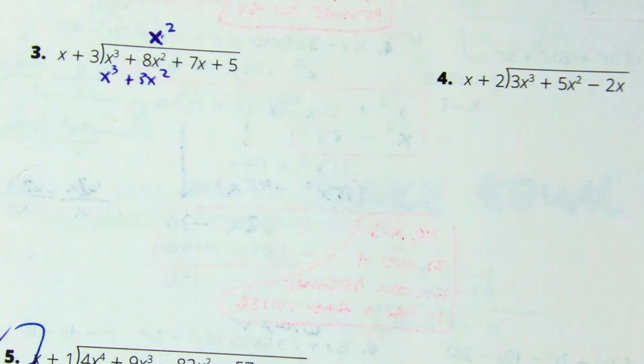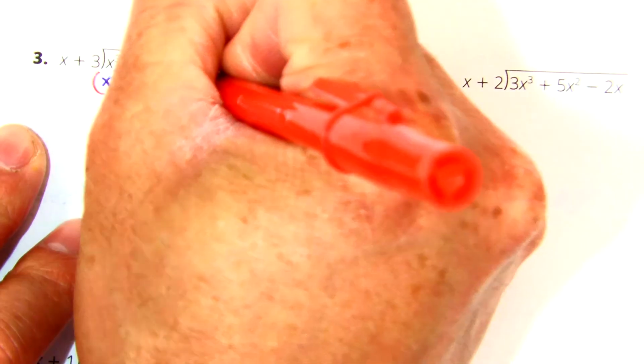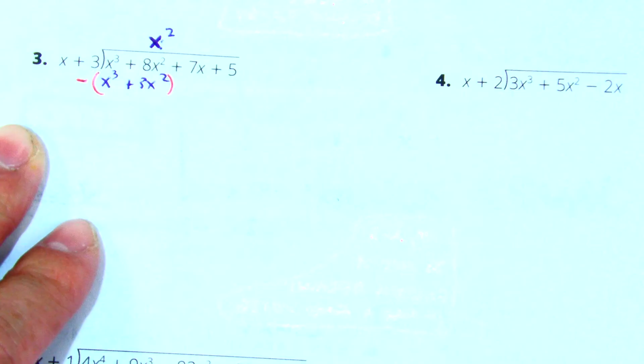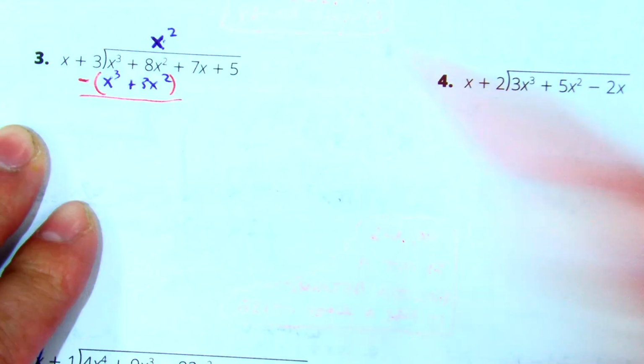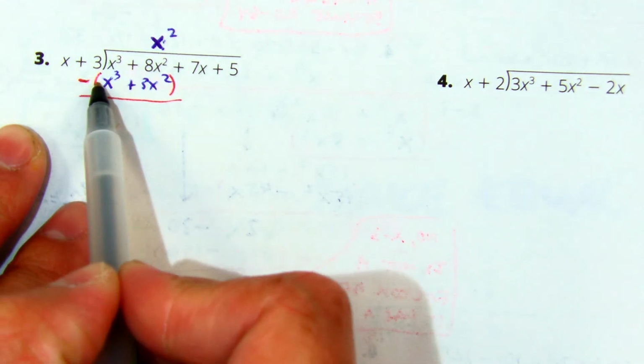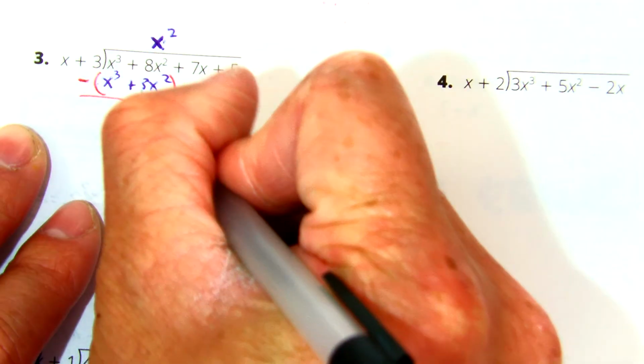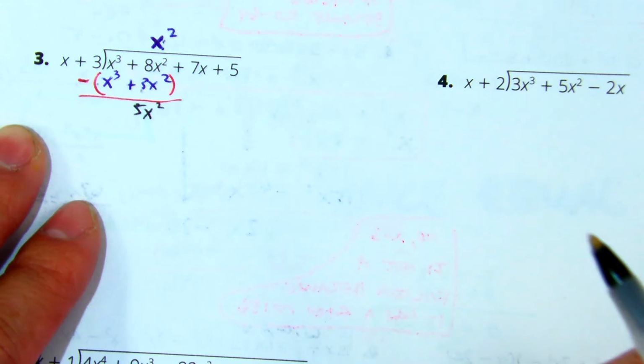Next, what do I do? Let's use my special red pen. 1 minus 1. 8 minus 3. And what's after that?